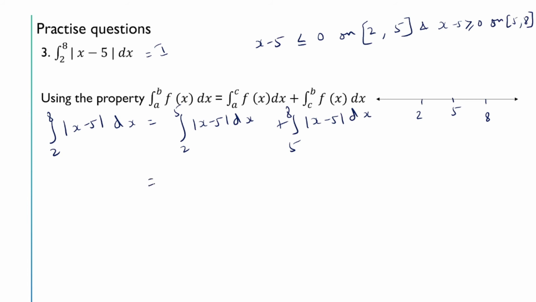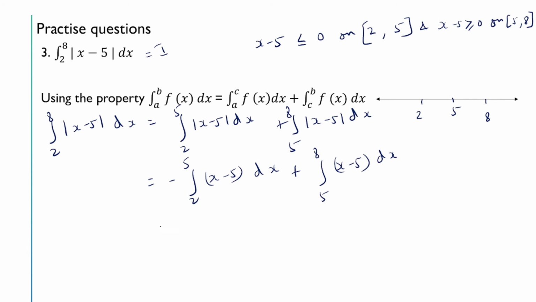So this will be equal to minus integral 2 to 5 x minus 5 dx. Then in the interval 5 to 8, x minus 5 is greater than 0. If we substitute any value, say 6, it is going to be positive. So in this interval 5 to 8, x minus 5 is greater than or equal to 0. So plus integral 5 to 8 x minus 5 dx.